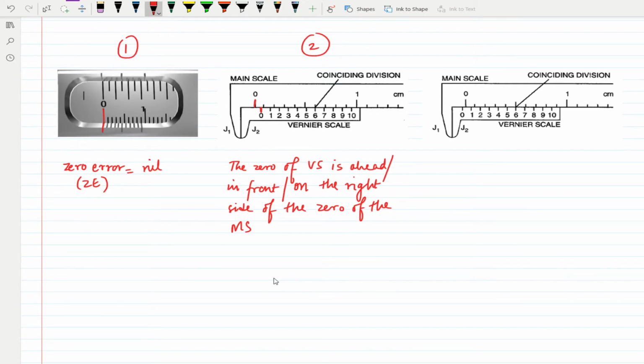So you can see this particular 0 and this particular 0, they're not coinciding, so this 0 is on the right of the main scale 0.